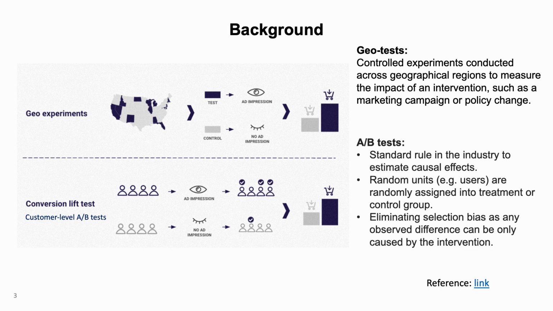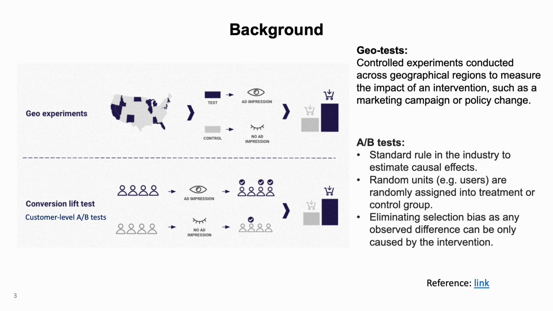Usually only the treatment group will receive an intervention, and the causal effect is measured as the difference between the treatment and control group. This design can help to eliminate selection bias, as any observed difference can only be caused by the intervention itself without the interference of other variables.